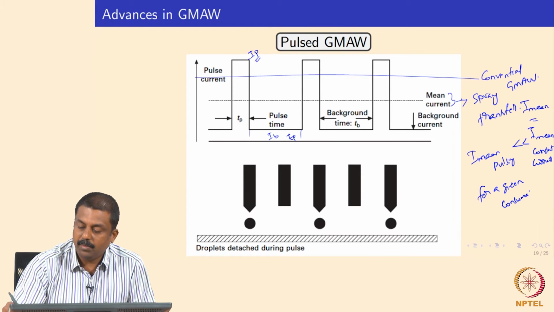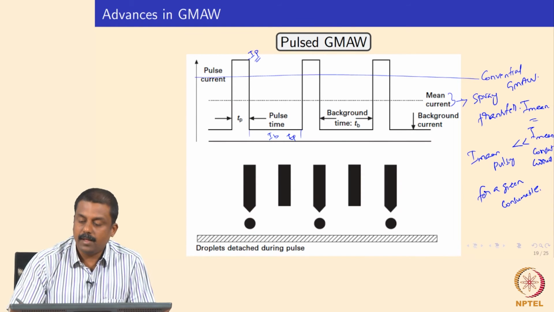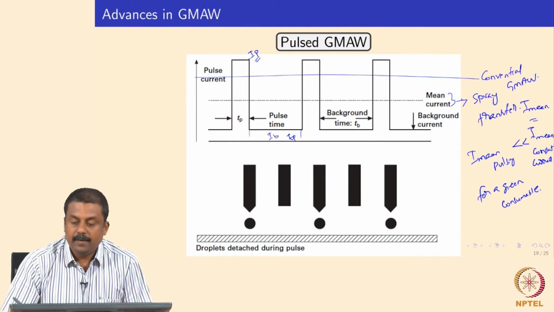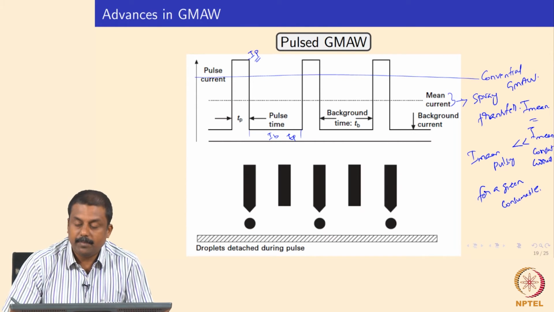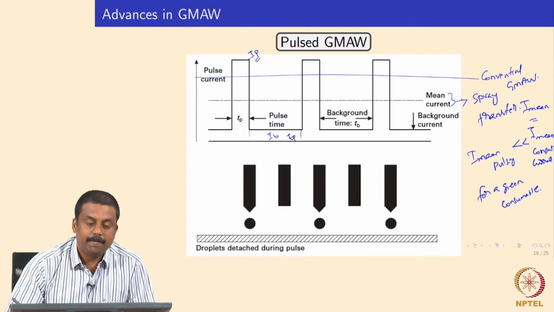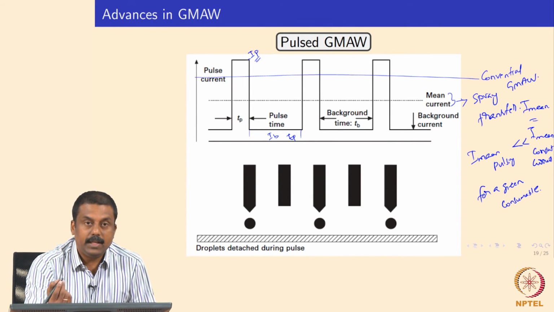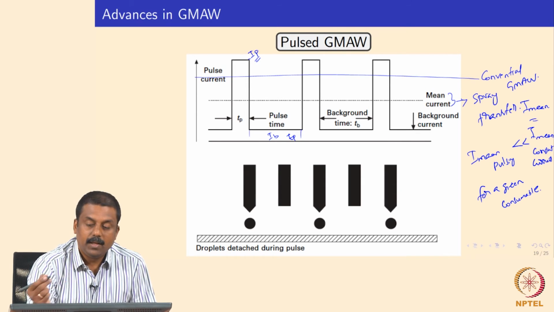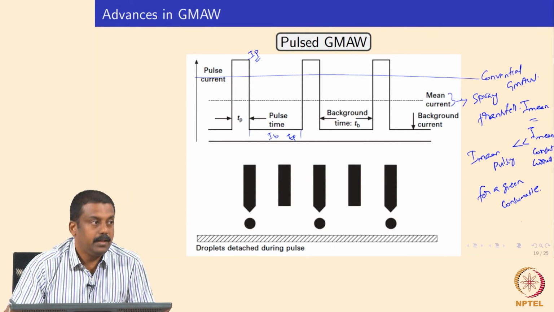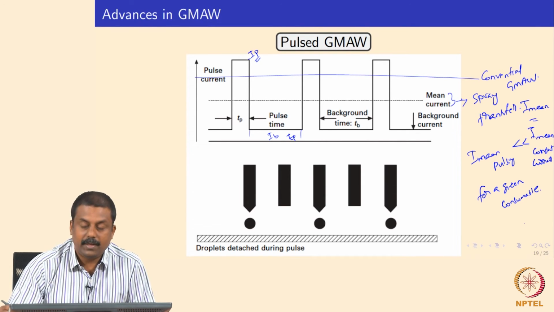So if you have a 1.2 mm carbon steel consumable, and your Imean is 200 amperes in constant current, when you have a current pulsing the pulse current Ip can go up to 320 or 350 amperes, but your Imean will decrease significantly to the range of 150 amperes.